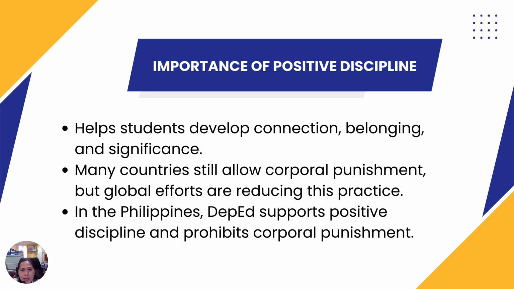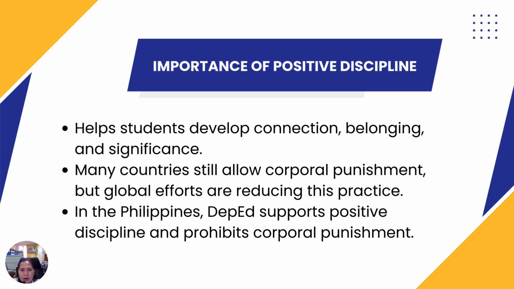When we say firmness, you know the rules, and from time to time we remind them, we give consequences, and consequences should not be something physical, should not be something humiliating, not something abusive verbally and emotionally.